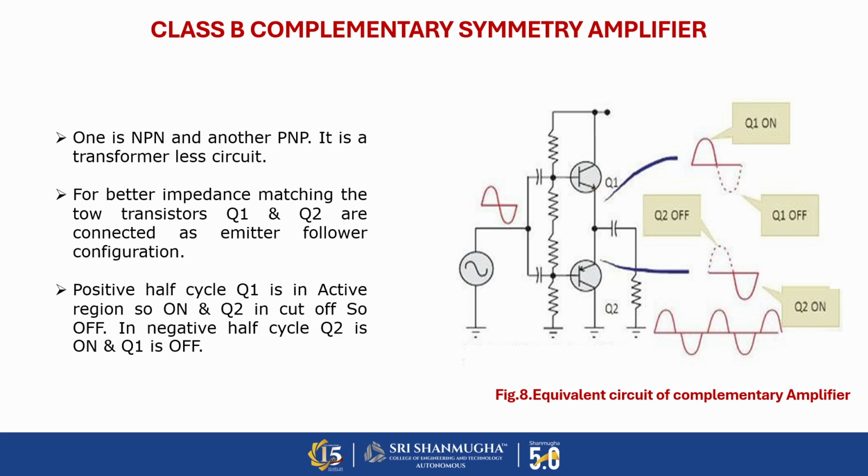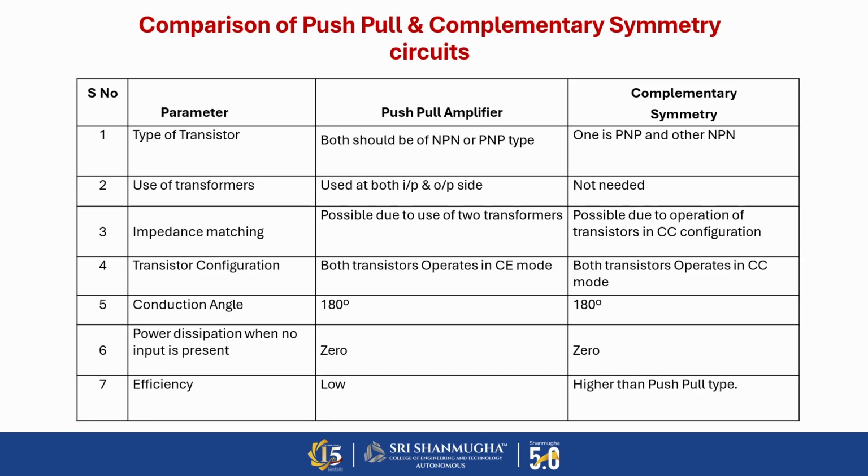And next one, comparison of the push-pull and complementary symmetry amplifiers. The comparison is on the type of transistors we are using. In push-pull, both are NPN or both are PNP type, and in complementary symmetry we use one NPN and another PNP type. Regarding the use of transformers, in the push-pull amplifier circuit we connect two transformers, one on the input side and one on the output side.